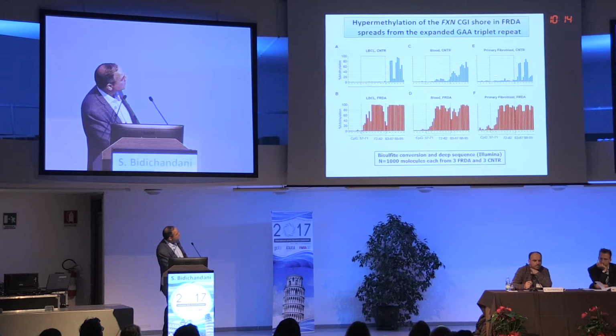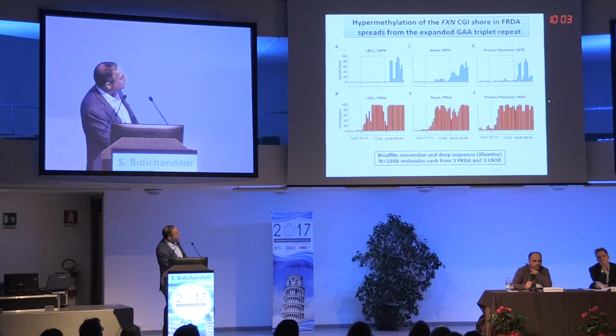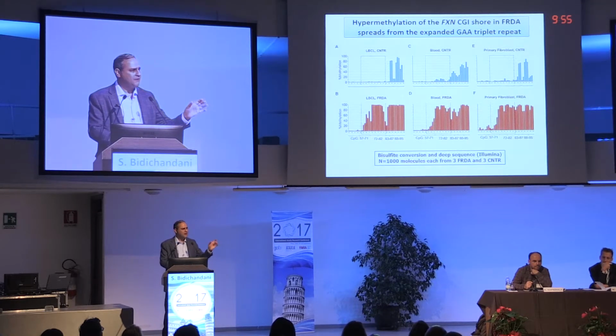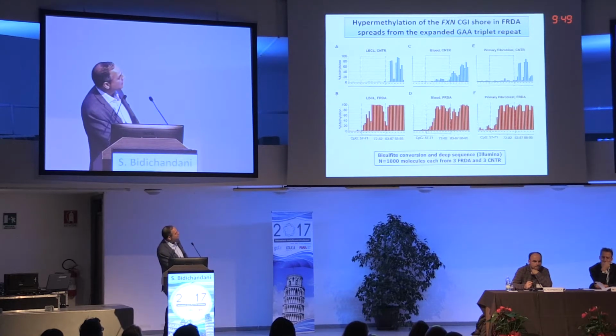These are all normals. You're looking at fibroblasts, blood, and lymphoblasts. And these are all patient cell lines from people who have both repeats greater than 400. And what you're seeing is there's some methylation proximal to the repeat sequence, even in the normal repeat. And we think that's to do with the fact that the GAA repeat is within an ALU sequence, and the ALU itself is methylated, and this is some spillover methylation.